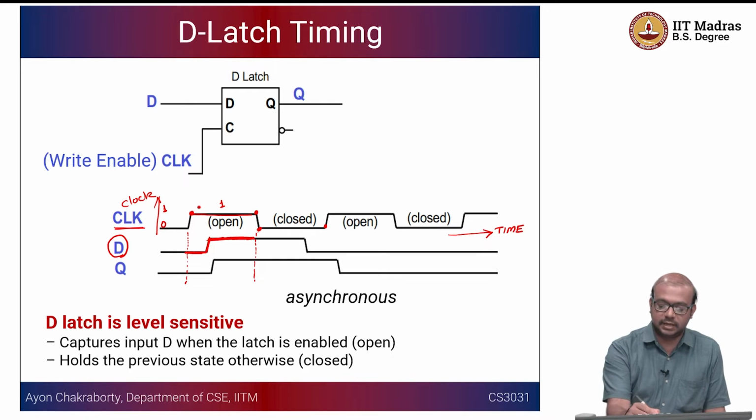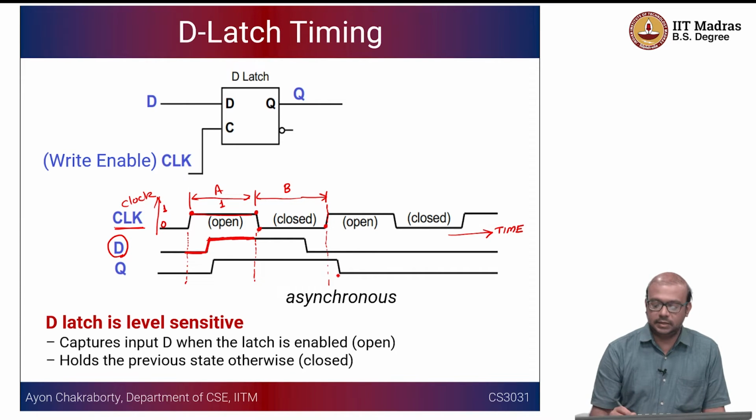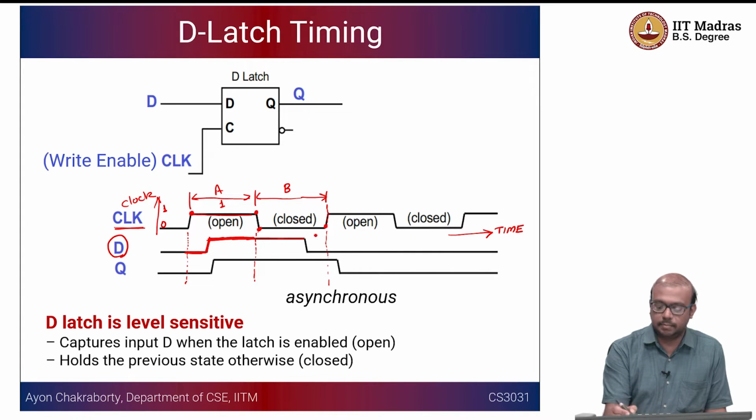So let's say this is segment number A, and the next clock is segment number B, just for our discussion for the time being. Now this value was continuing till some point and then it changed.